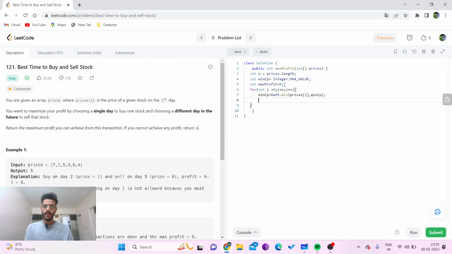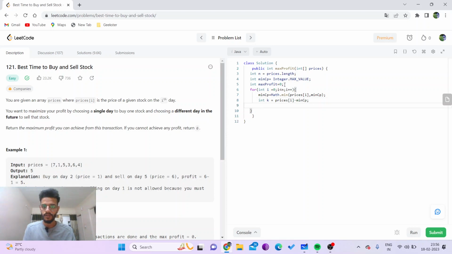Let's suppose int k is the profit. Each time we are selling and making the profit k, which is prices[i] minus min CP.